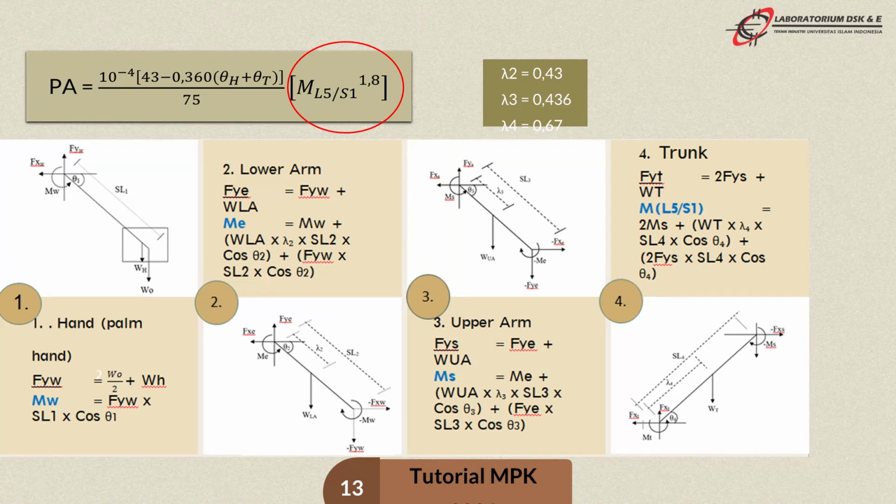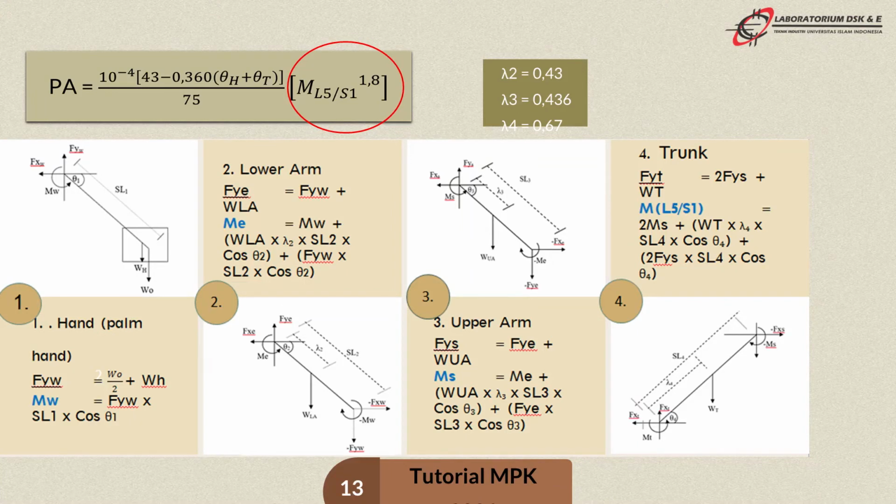Guys, this calculation is quite long and the parts relate to each other, so you have to stay concentrated. The steps to calculate the resultant moment at L5S1 are: first, on the palm, calculate the MW by the resultant moment on the wrist to maintain the static balance.